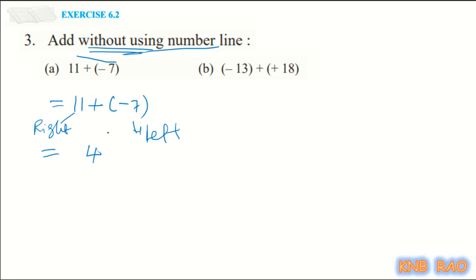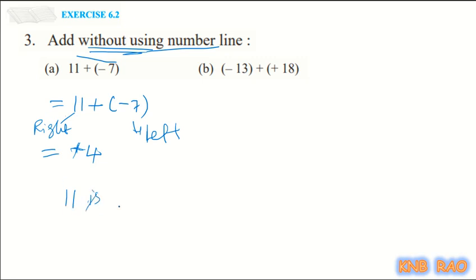It is another way. When doing the sum of any two integers, if one is positive and the other is negative, then we will do subtraction. It is simple: how many steps more than 7 is 11, and here the sign of the bigger number comes.